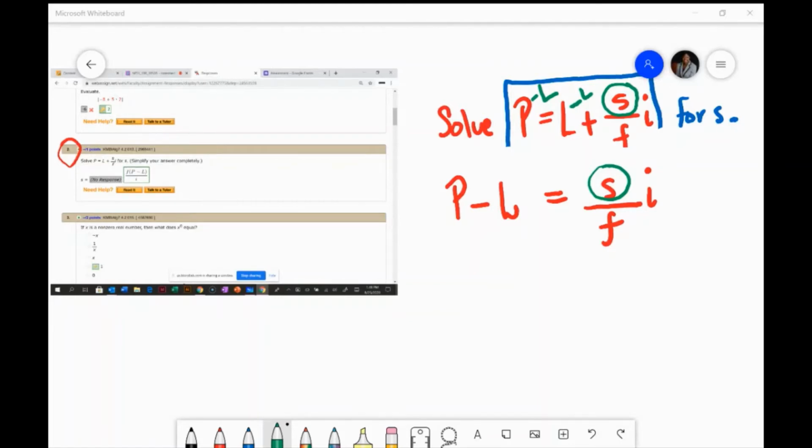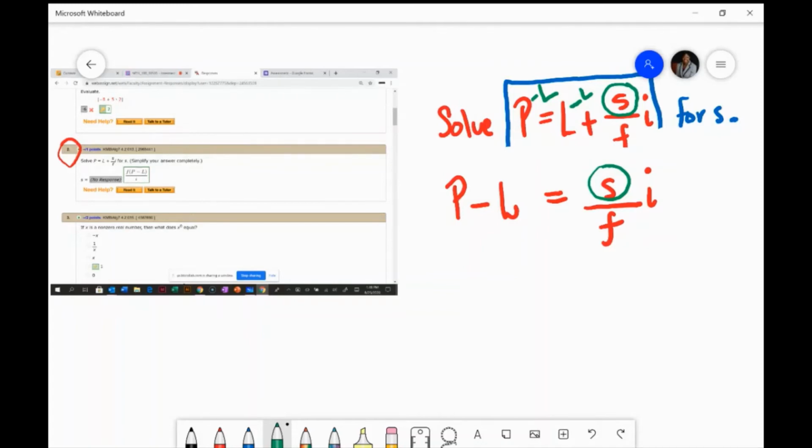So how can someone other than Jonathan tell me, how can I move the F from the right side and get it to the left side mathematically? All right, multiply both sides, Kaylin.